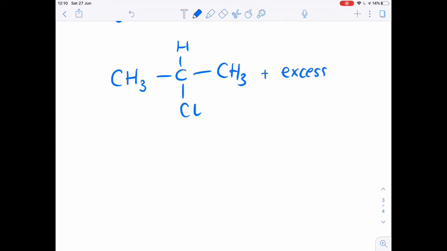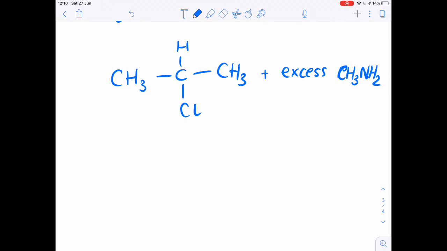So let's have a look at another one. So if we take a different halogenoalkane that's maybe a little bit more complicated, so 2-chloropropane, and had excess methylamine even. Let's have methylamine.